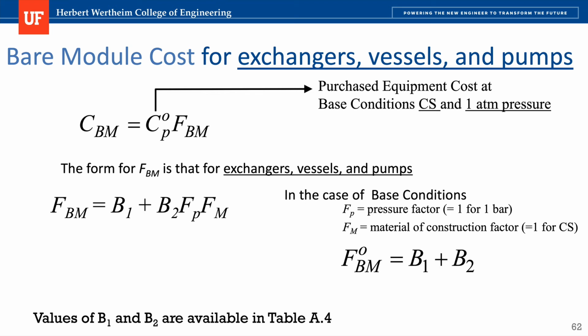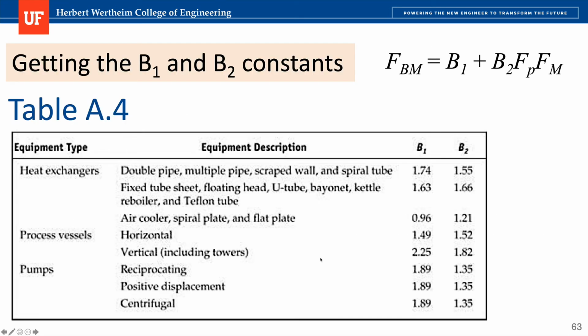This is important. Notice that, as I mentioned before, even at base conditions, we'll always have a penalty associated on the bare module cost. We are going to always pay more than the purchasing cost because we need to install the equipment, we need to pay for direct and indirect costs, and so forth. And now in this table, we can find the values for B1 and B2.